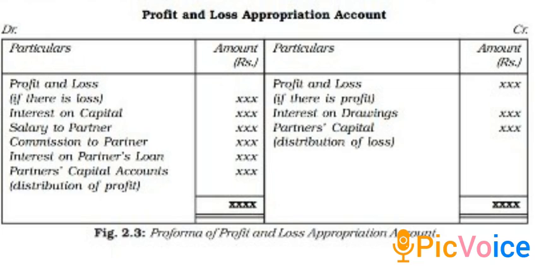Next, we will see the debit side of the profit and loss appropriation account. Profit and loss, if we get a loss, we will record it on the debit side. Next, interest on capital. Interest on capital is a loss of the business, that's why we record it on the debit side of the profit and loss appropriation account, and in the partners' capital account we recorded it on the credit side.